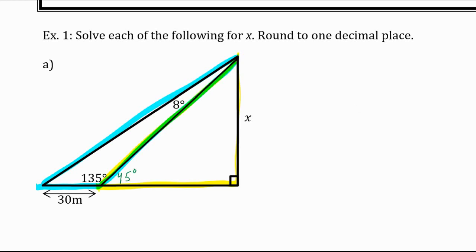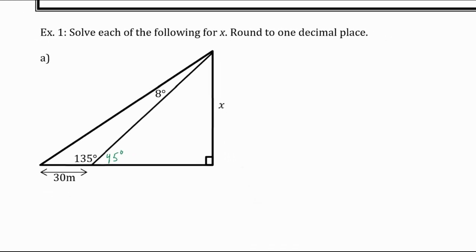And if I can figure out what this side length is, this length right here, then I have an angle and a side length, and I can use that to find another side length, because in a right triangle, that's what I need. In the right triangle, I've got the 90 degrees, I've got another angle, so I can use that to find the side length that I need. So that gives me a purpose, a focus. Can I find this side length?